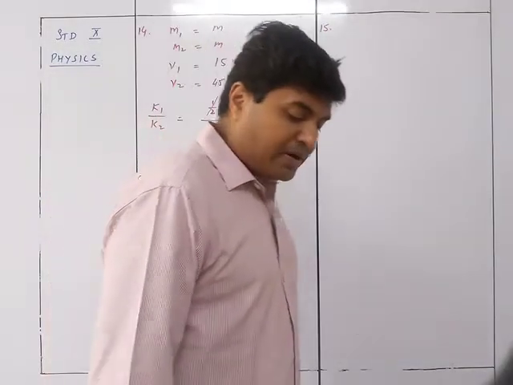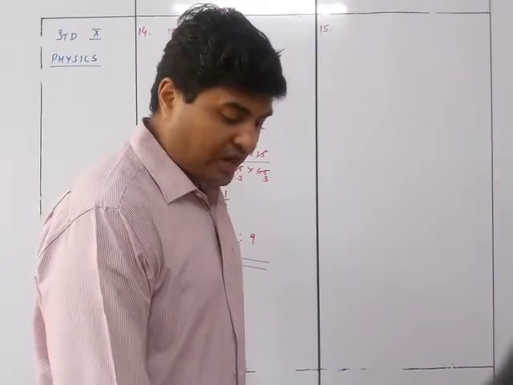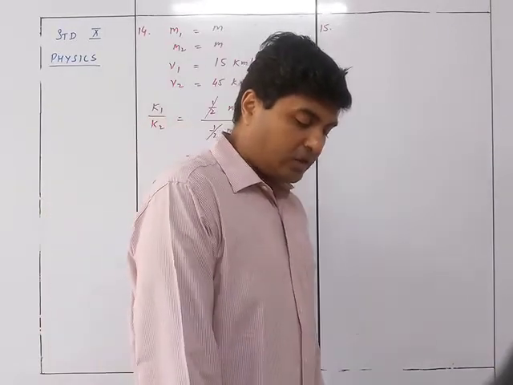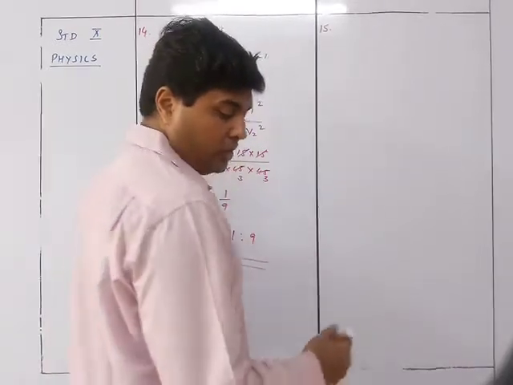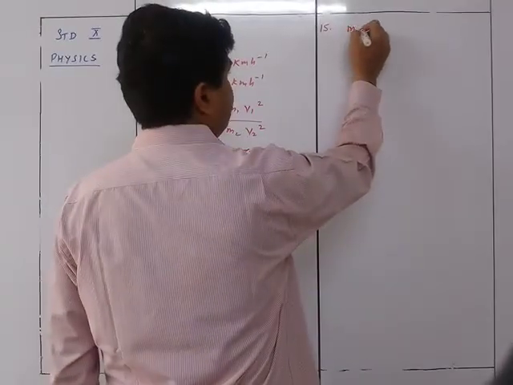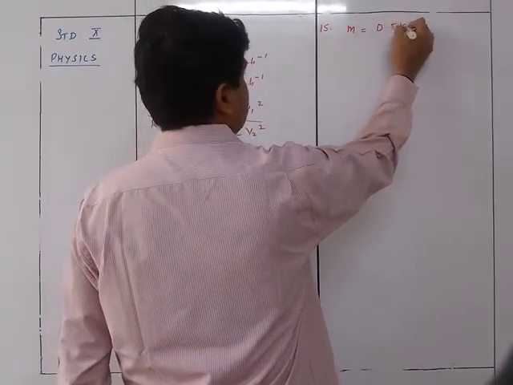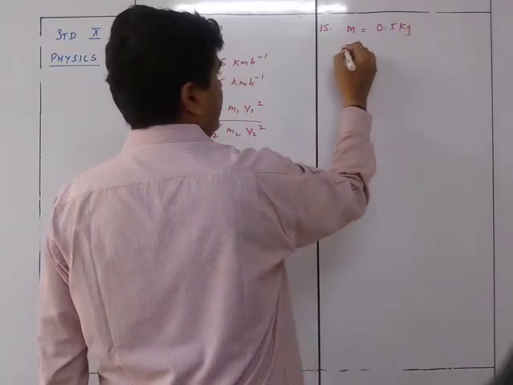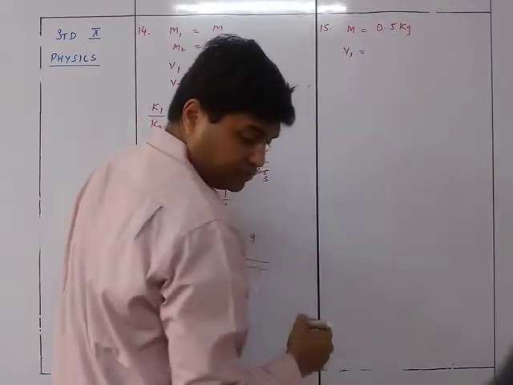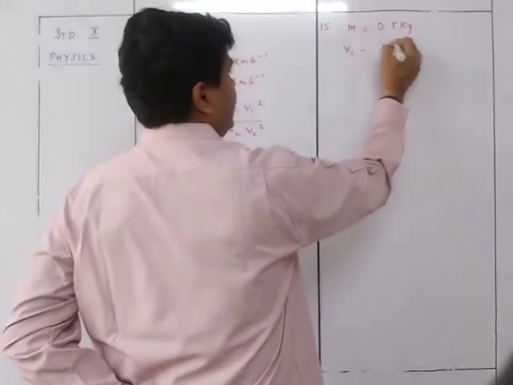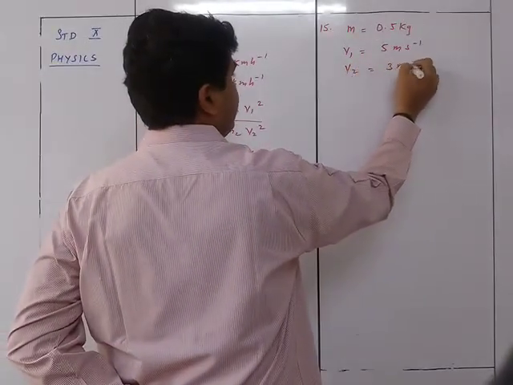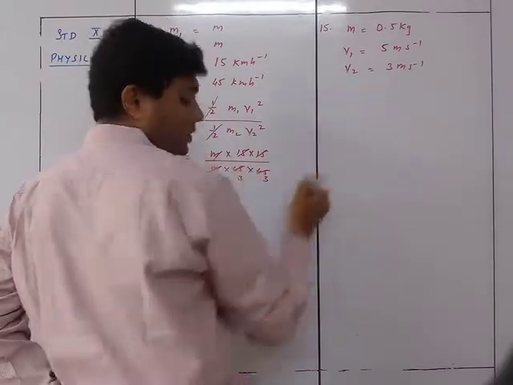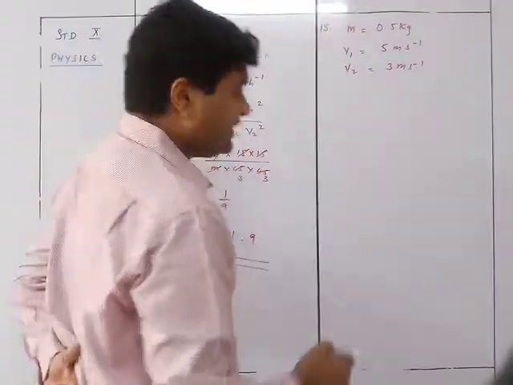A ball of mass 0.5 kg slows down from a speed of 5 meter per second to 3 meter per second. Calculate the change in the kinetic energy of the ball. So we have over here that the ball is given as 0.5 kg. We have velocity V1 was 5 meter per second, but it slowed down to V2 as 3 meter per second. You need to find out the change in kinetic energy.